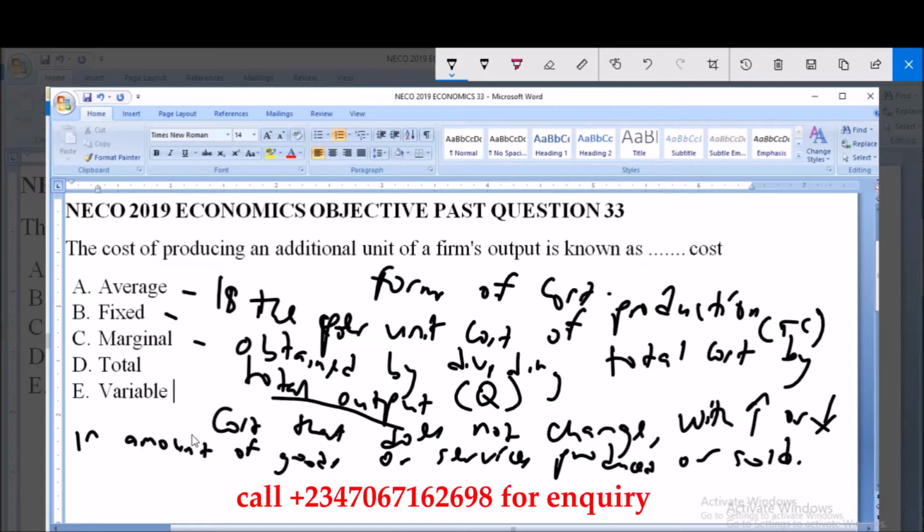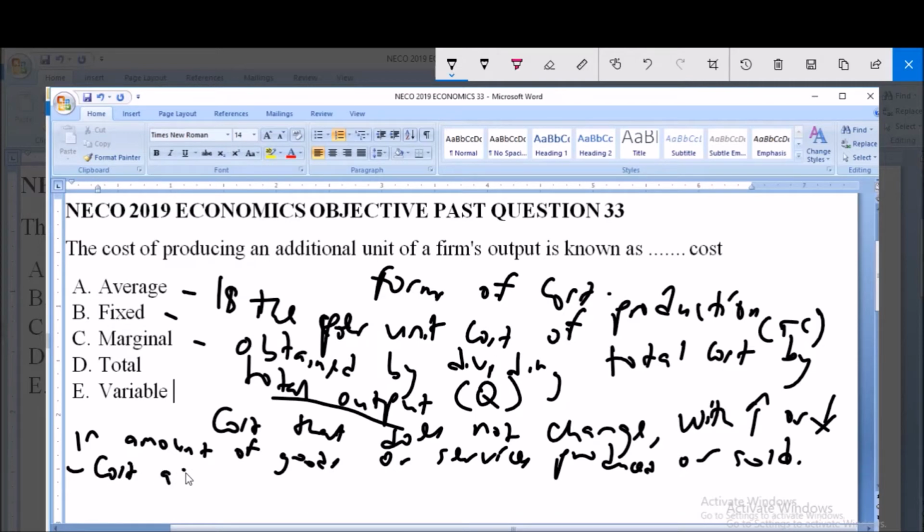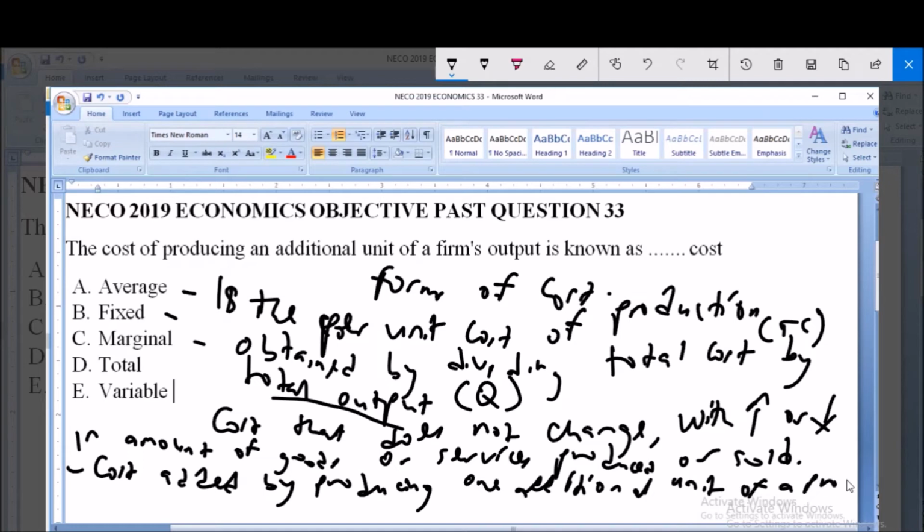Now for marginal cost, it is the cost added by producing one additional unit of a product. So total cost, which is option D, is the total economic cost of production.